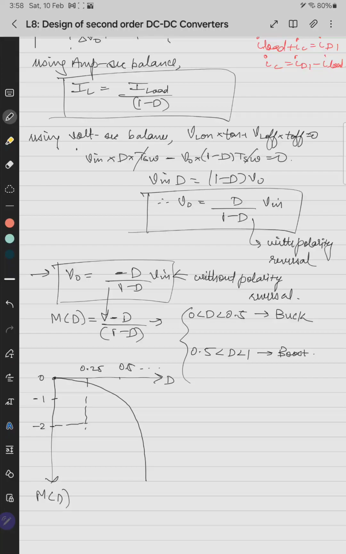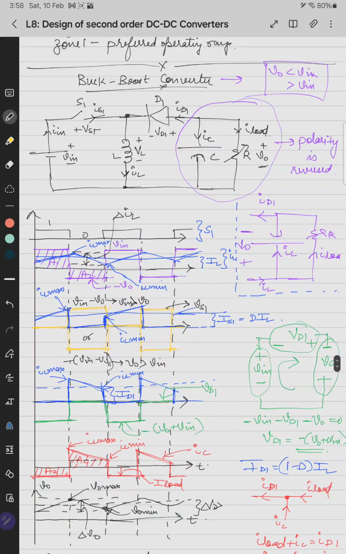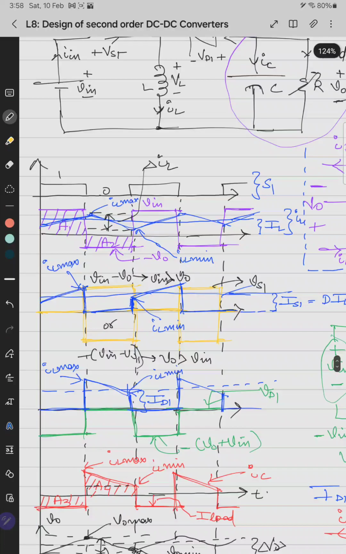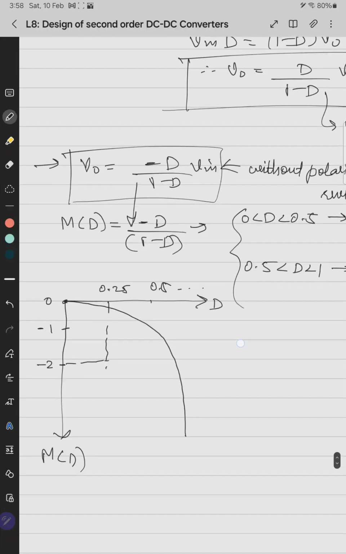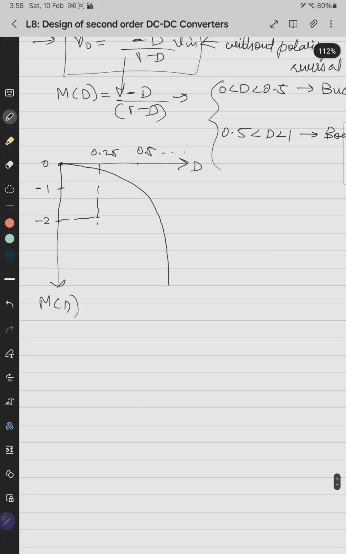And the operation of a buck boost converter you can easily see. As I said, V0 can be more than or less than V in, so the waveform of VL will be changing, as I have drawn two possibilities here. As the buck boost converter is a buck plus boost derived converter, the range of operation will be a combination of both. That is, it will have two ranges of operation in these two strips.